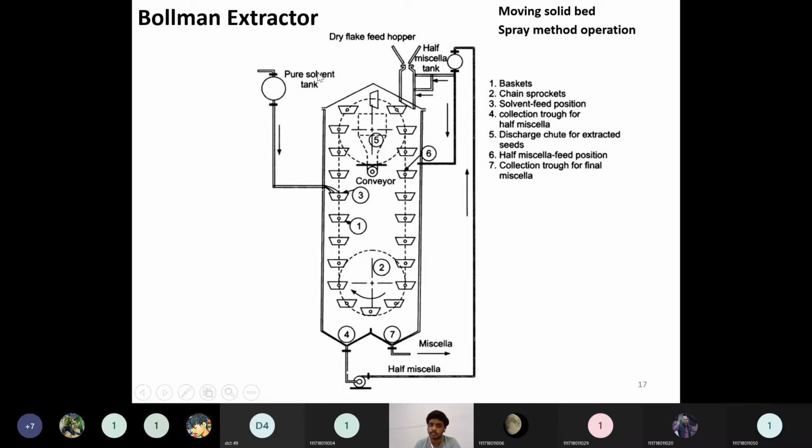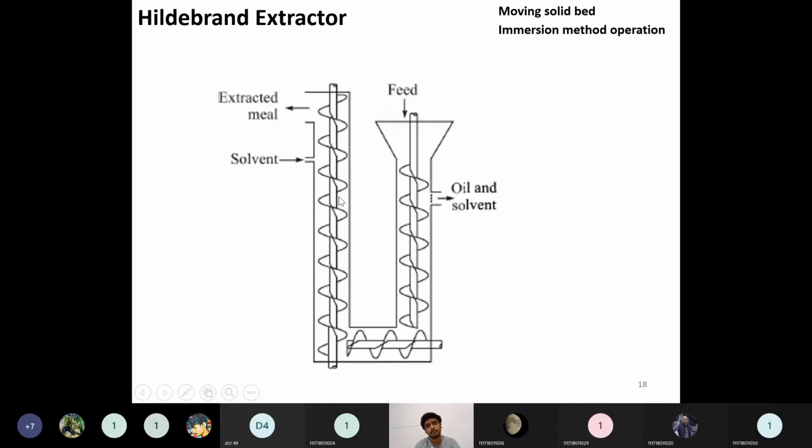If you can see, the solvent or micellar is of spray type. Only spray is possible here. This is a moving bed, so the solids are a moving solid bed type of extractor. The operation here is only solvent spraying, sprinkling or trickling.